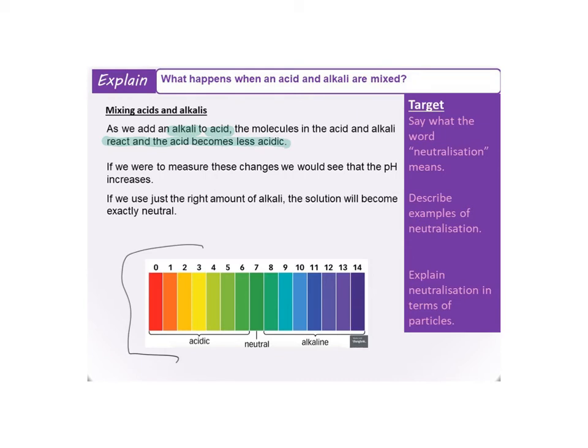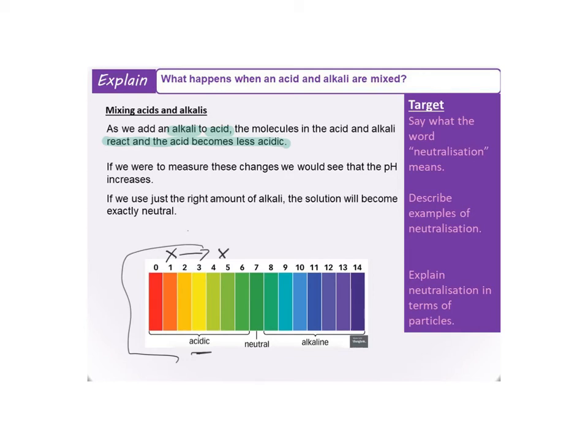If our acid started off as let us say a pH 1, if we were to add an alkali, it will become less acidic, and so it might actually move up the pH scale towards neutral. So it might end up being over there, perhaps a pH 4.5.